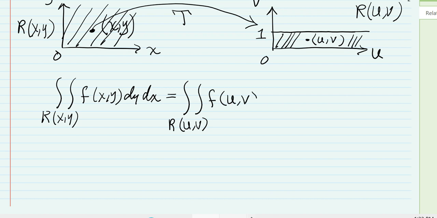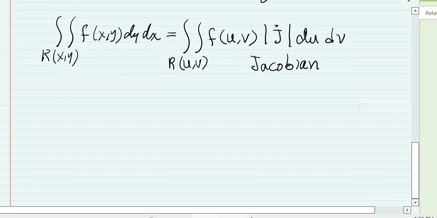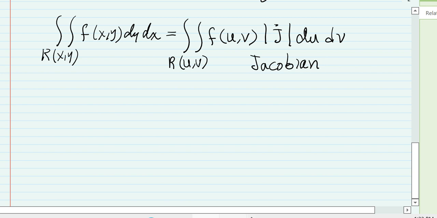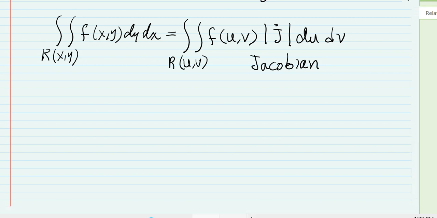And now we're going to have a function of u and v, and then of course the absolute value of J du dv, where J is, if you remember, known as the Jacobian of this transformation. So we are making a mathematical transformation. What we need to do next, because we have pretty much established the limits of integration for the new transformation, is to find the Jacobian.